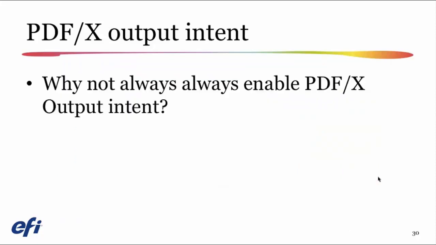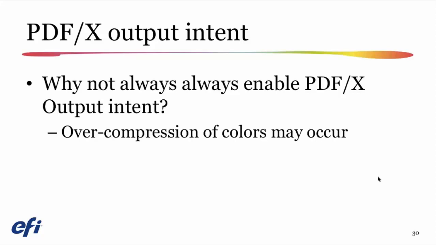So one common question we get is, why don't we just turn this on all the time? If I might get some PDF/X files, and incidentally they don't always have the output intent tag populated, but they might, why don't I just always use these settings so that I can always get these files right? And the answer is that if we always use the PDF/X output intent, we can get overcompression of our colors.